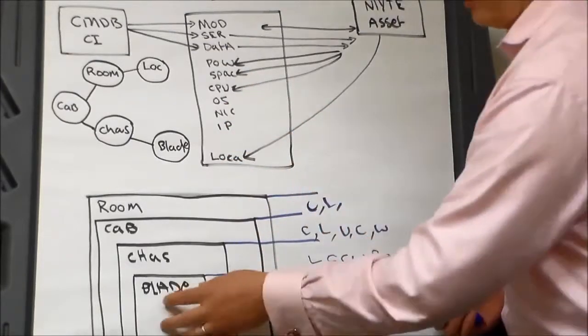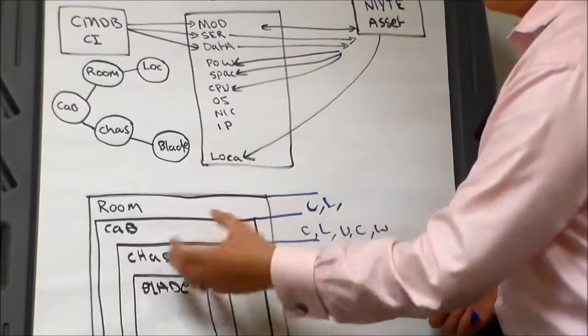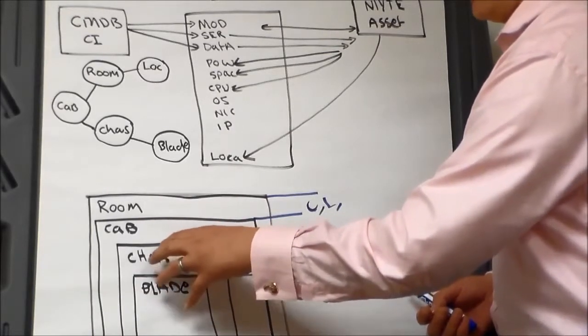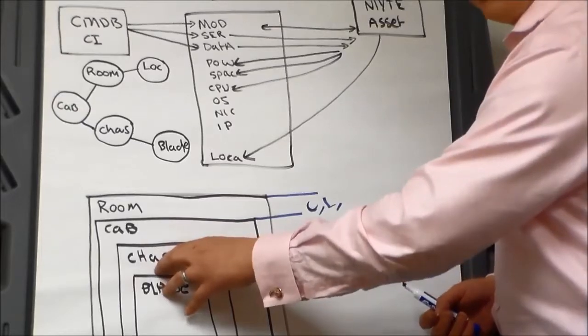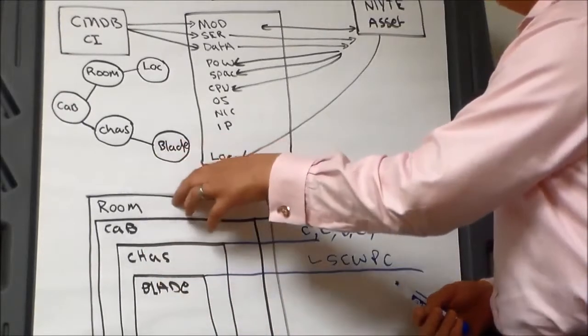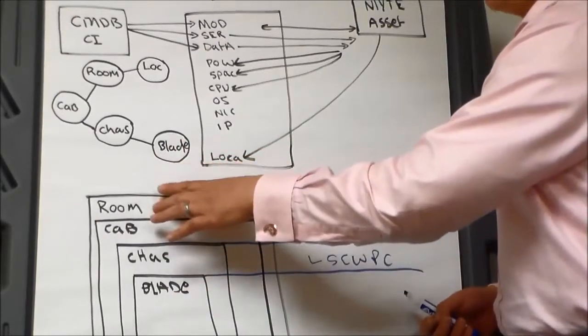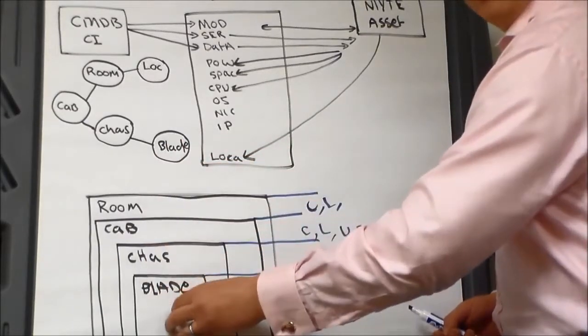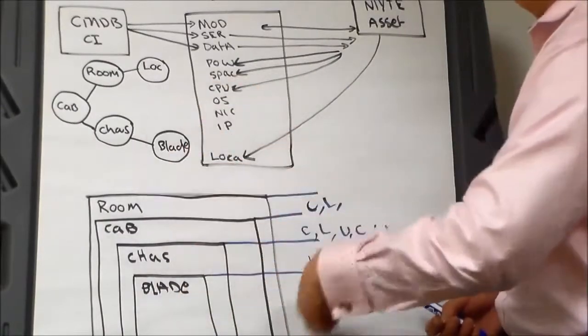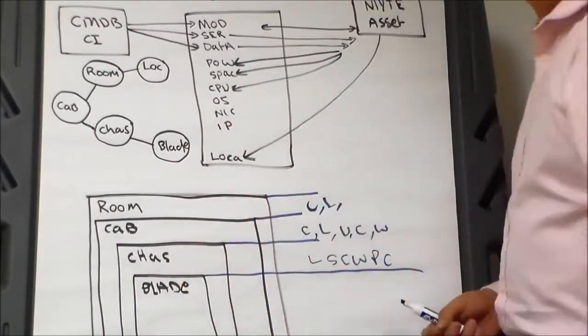This object sits inside this object, and when it sits inside here, it consumes capacity. That consumption of capacity automatically has an effect on this object, the cabinet. That automatically has an effect on the room, because my overall capacity is now being used by one of these lower level assets. And it's that relationship, that's the why you bother, that's the benefit.